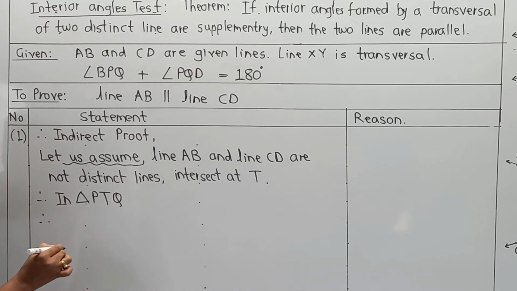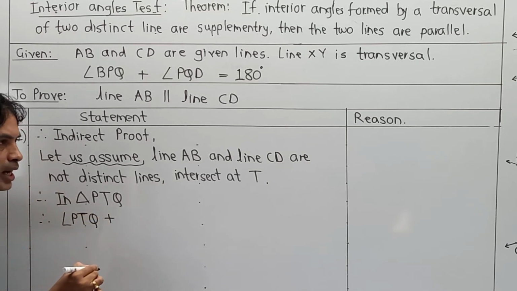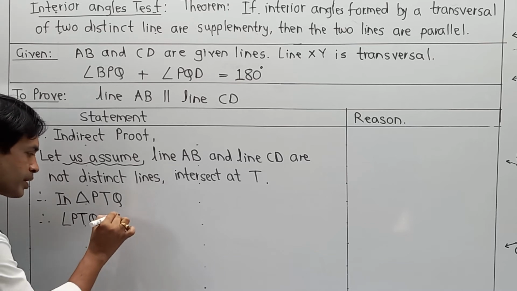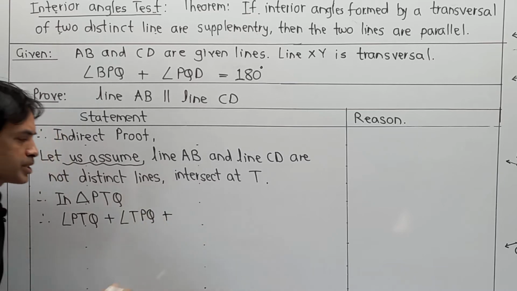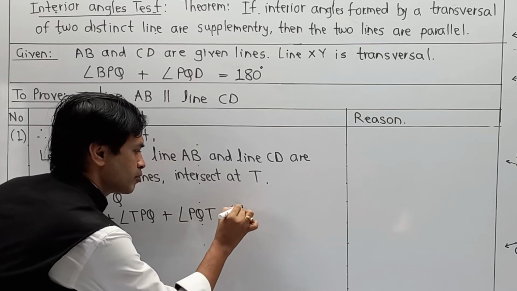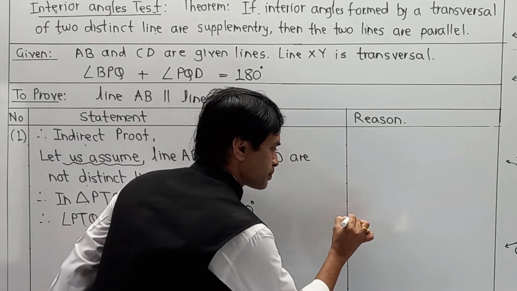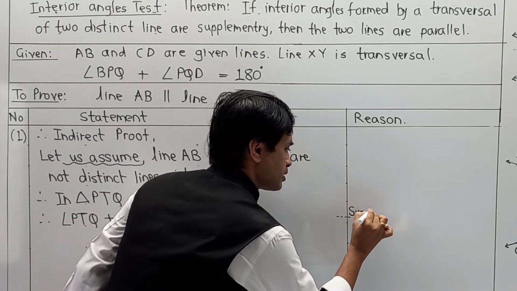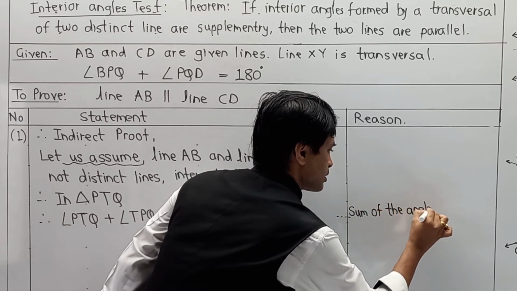Therefore angle PTQ plus angle TPQ plus angle PQT is equal to 180 degrees. And here we can write the reason: sum of the angles of a triangle.